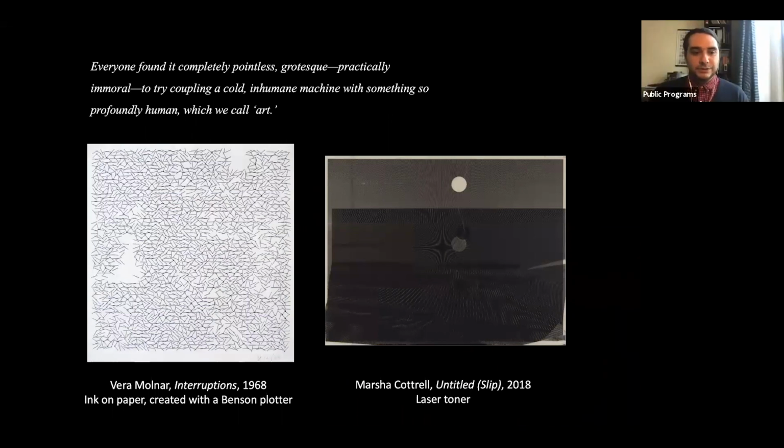The next question is, what is the scale of these drawings? Could you give us a sense of approximation? Yes, so Marcia's drawings are in the 9 by 12 inch range. Vera Molnar's is around 10 by 10 inches. It's a square. So these are relatively small drawings. Frederick Hammersley's are about 11 by 14.